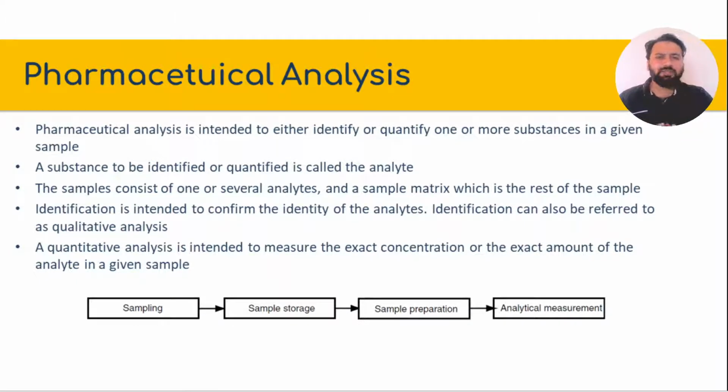After the sampling and storage, samples are normally pre-treated in some way, and this is called sample preparation, which is a pre-treatment of the sample. This sample preparation can be very simple or sometimes very complicated depending on the sample.